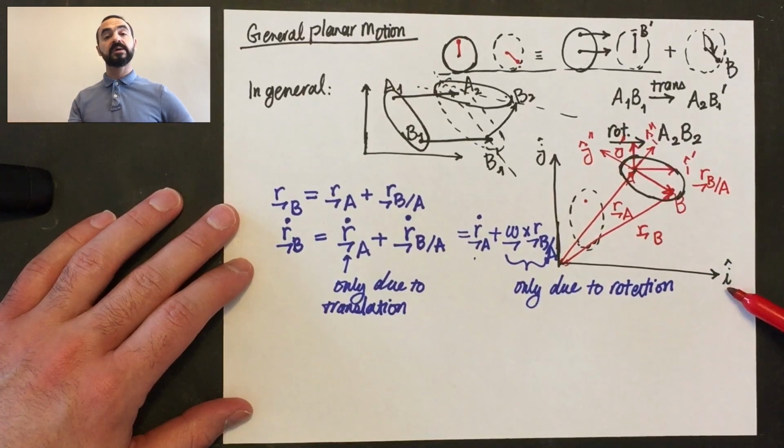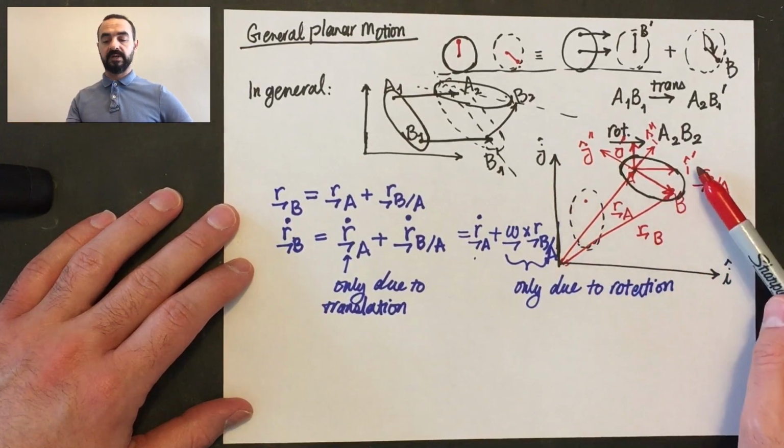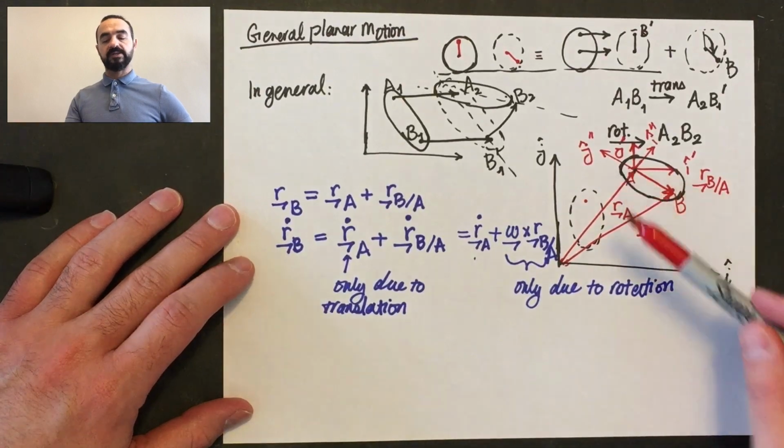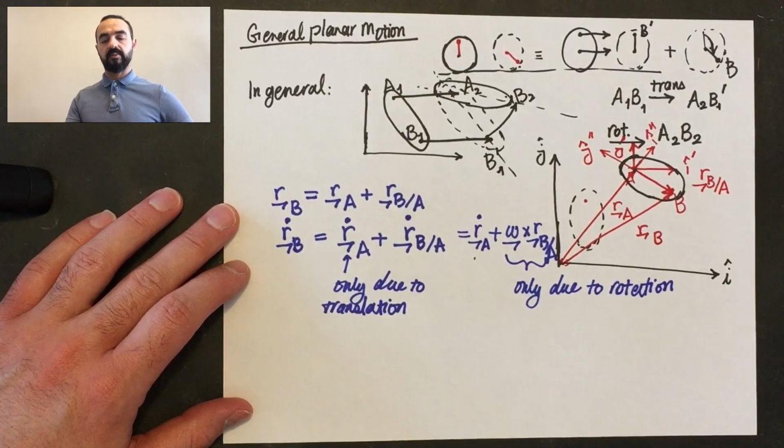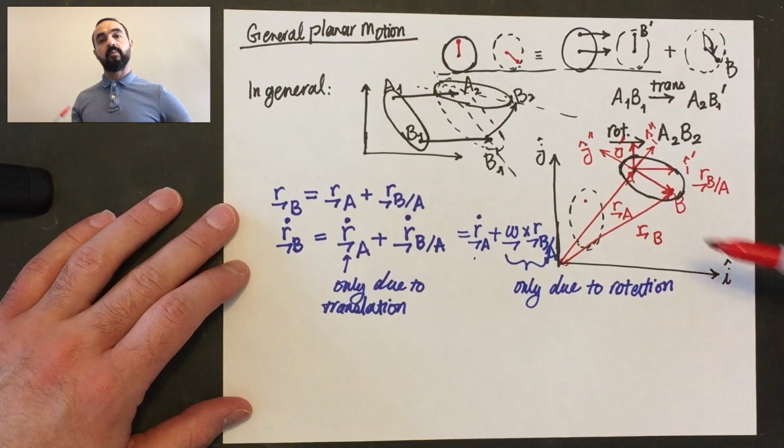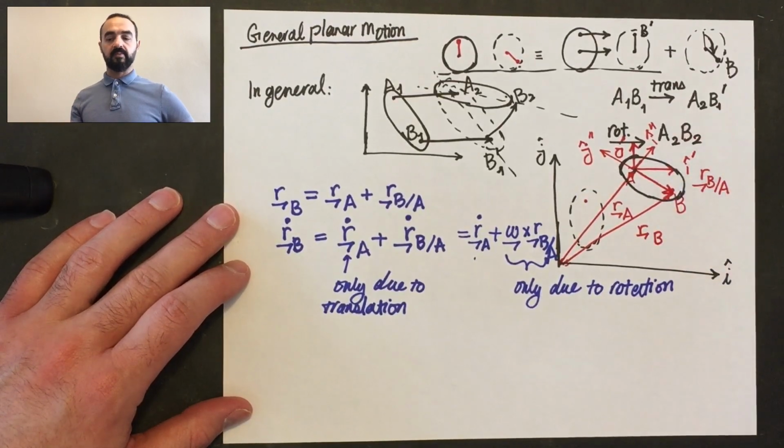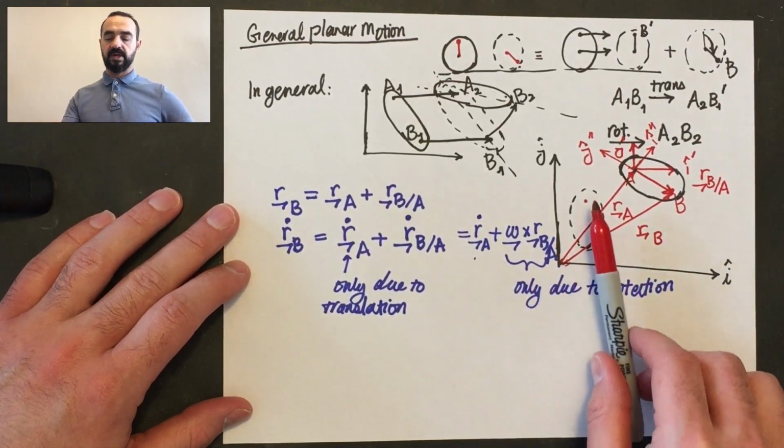Then I'm attaching a frame to this rigid body, and my initial I hat and J hat, now it's I prime and J prime, body attached frame, but they are parallel to I hat and J hat.